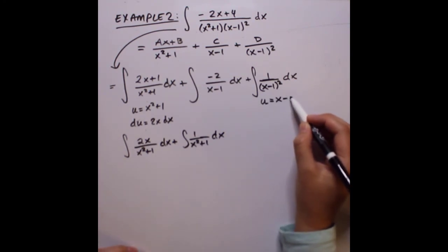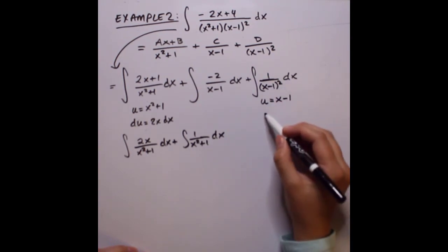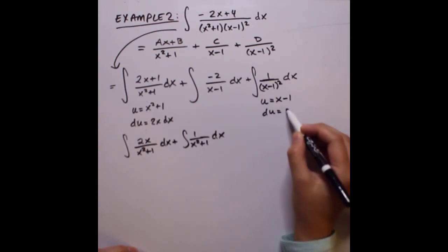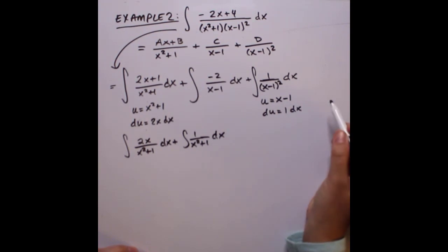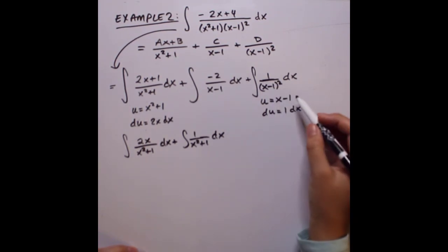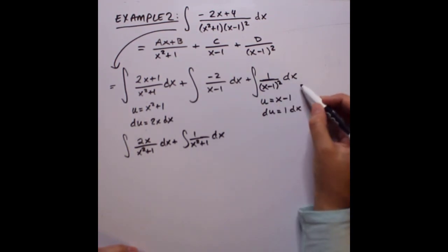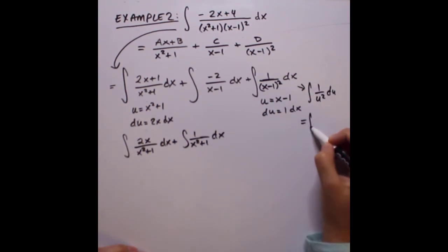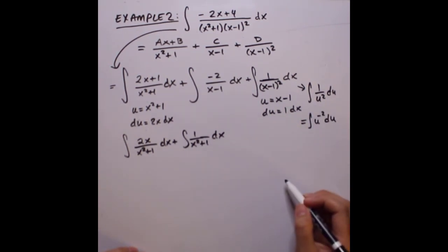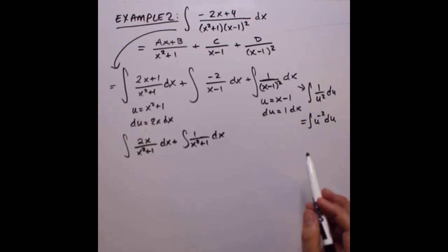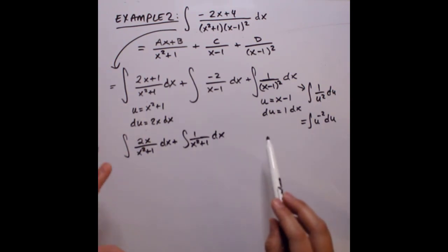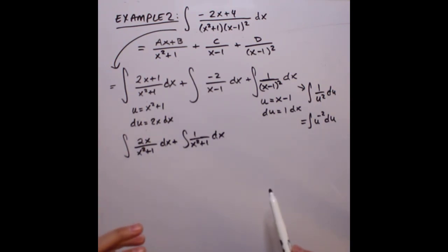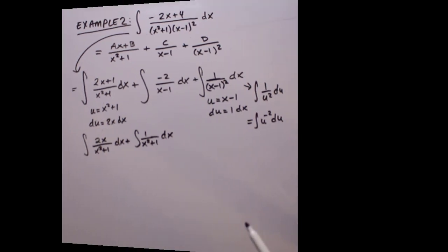If you say u is x minus 1, du is just 1 dx. And so when you substitute, it really doesn't make a big difference, and this is going to be the integral of 1 over u squared, which is the integral of u to the negative 2. So you're just using the power rule on this one. Okay, so if you want to, pause this so you can work out the integration part of it, and then I'll show you what you're going to get in just a moment.